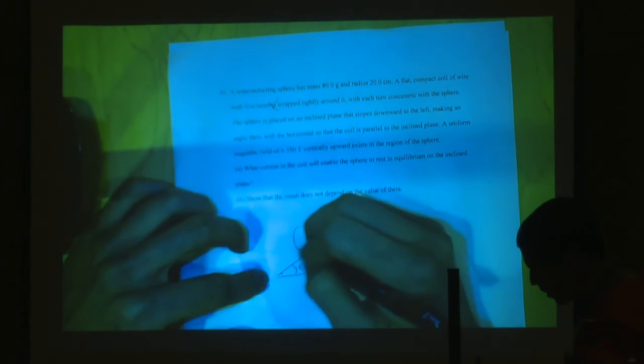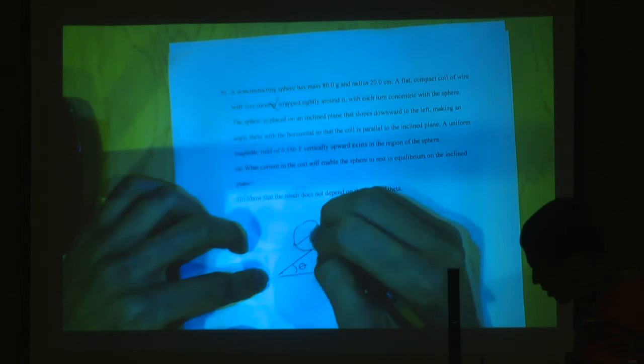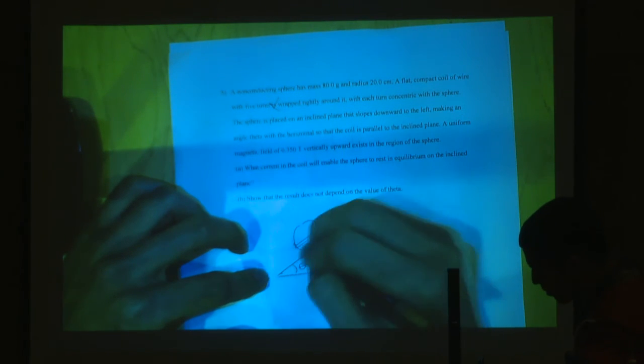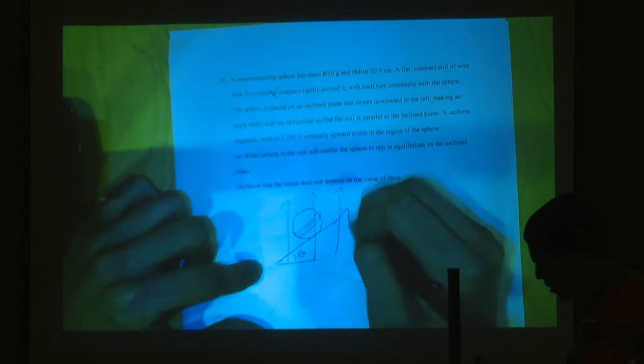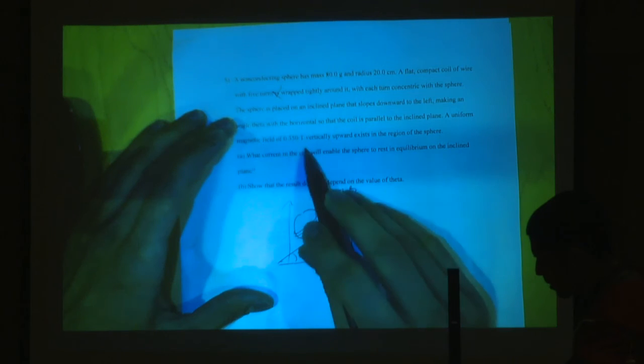Okay, a uniform magnetic field is going up. Let's actually just draw this sphere with the coil. Okay, and we have a uniform magnetic field vertically upwards that exists in the region of the sphere.